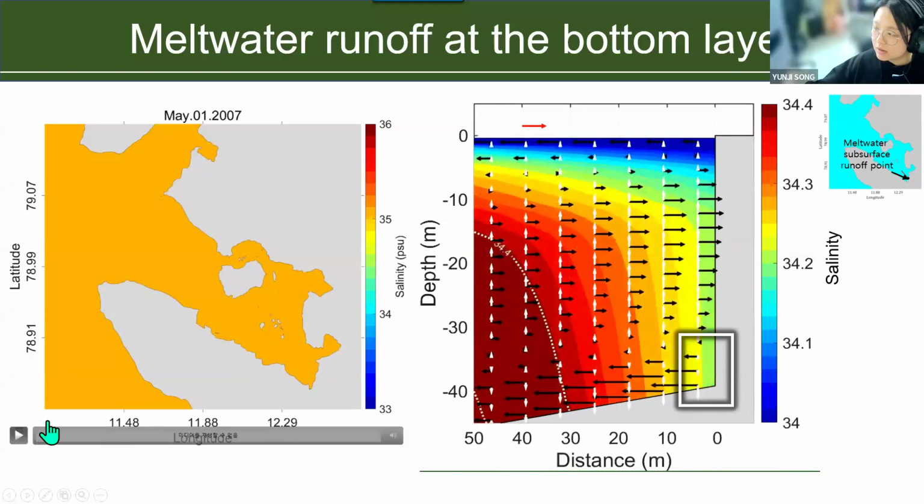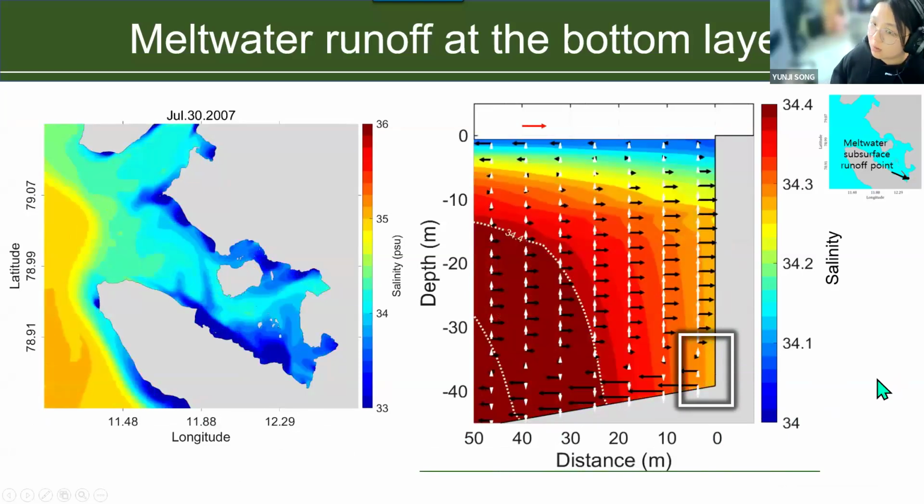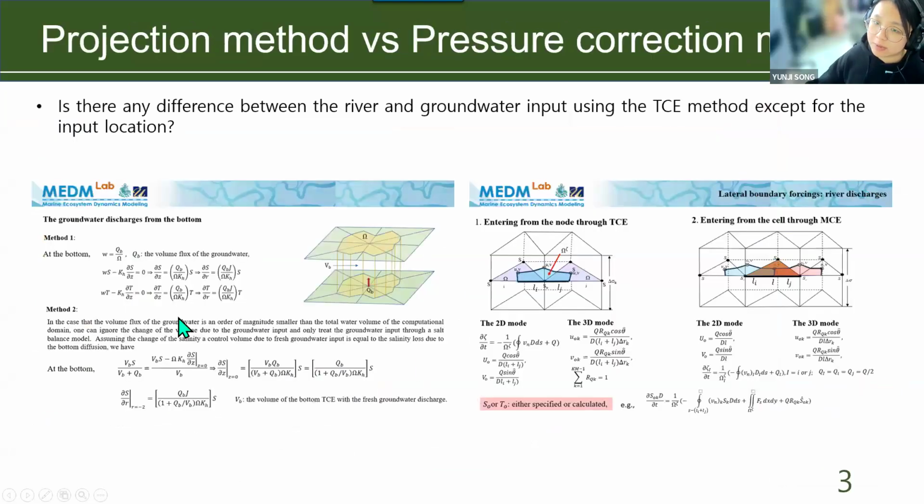I want to know what is the difference between the river input at the bottom layer using the TC method and method 1.